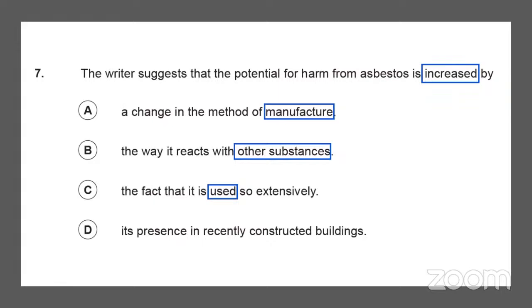Can you guess the right word? Sandhya, recently. Recently what? Constructed. Constructed what? You should go to the final word. You should question. Change what? In the method. Method of what? Manufacture. So, like that, you have to question.